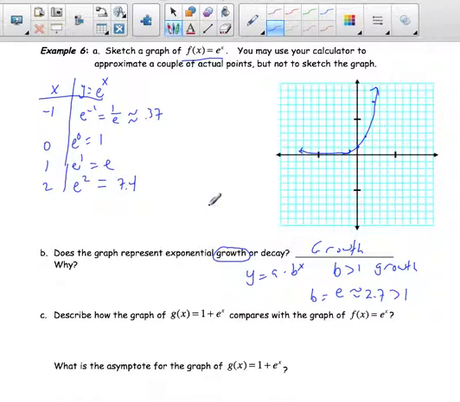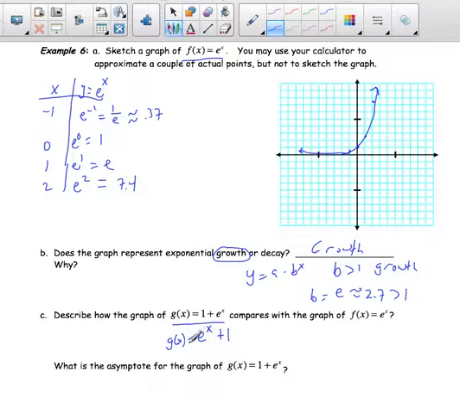Here, the next two examples we're asked to think about transformations. So if we have a new function, g of x, and it's equal to 1 plus e to the x, it might be easier for you to see the transformation if we think of this as e to the x plus 1.